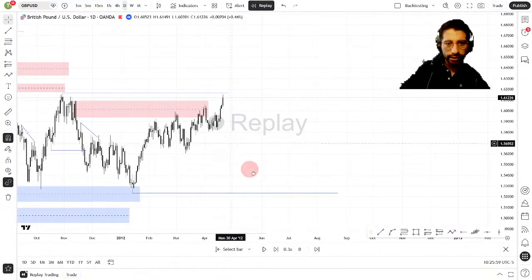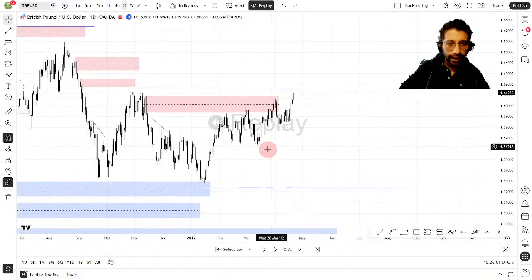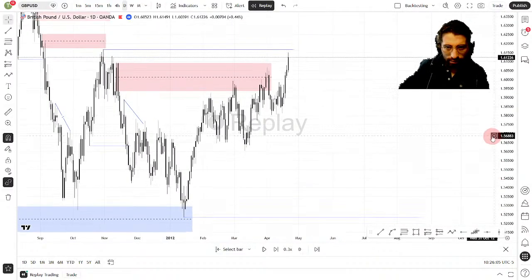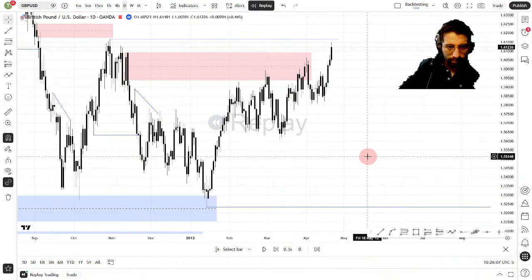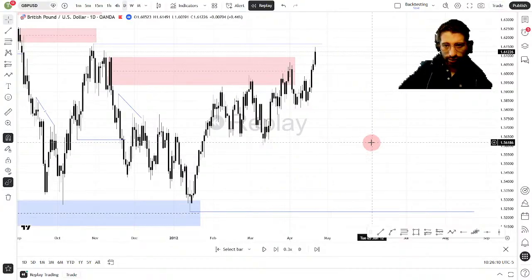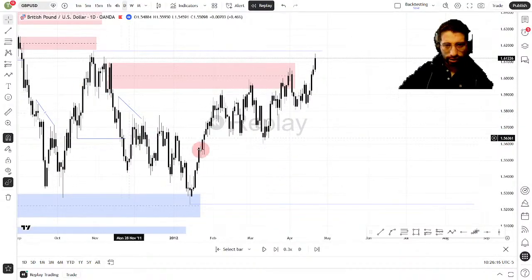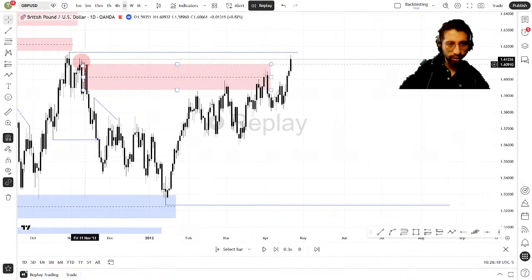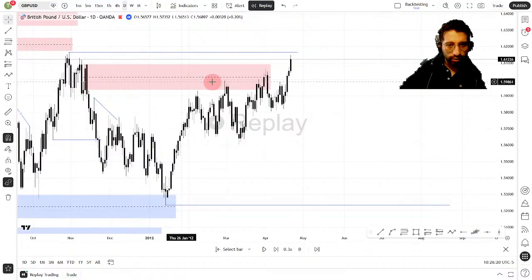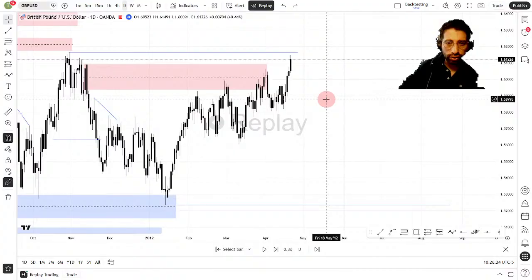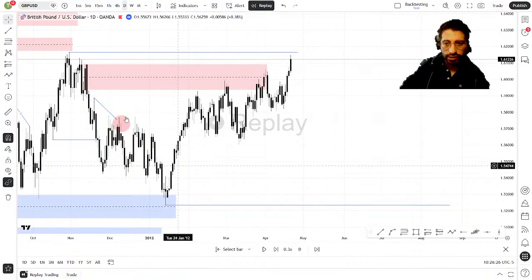So I'm doing a backtest on GBPUSD, and I'm analyzing it during the day. I'm going to keep trying to explain all of these things, and sometimes I'm just going to continue with the explanations. I have also changed the color of the candles. I hope this doesn't make you uncomfortable, but in the end you don't need to focus on the color, you need to focus on what the market is doing.